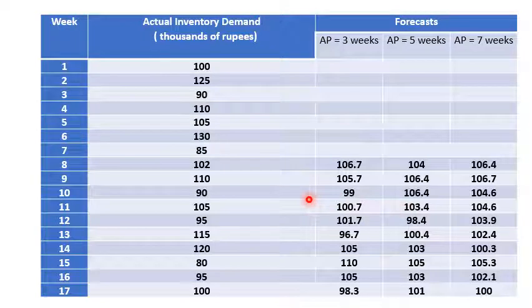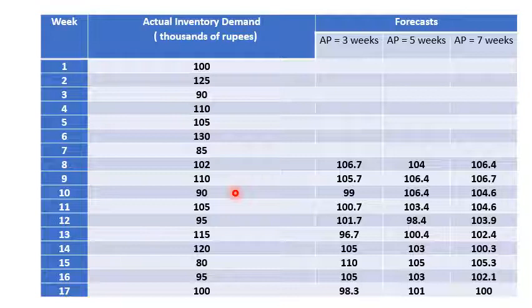For the 18th week, the last 10 weeks data is to be considered. So 1, 2, 3, 4, 5, 6, 7, 8, 9, 10. This data has to be considered. Now for a 3-week moving average, let's take a sample, the 10th week.